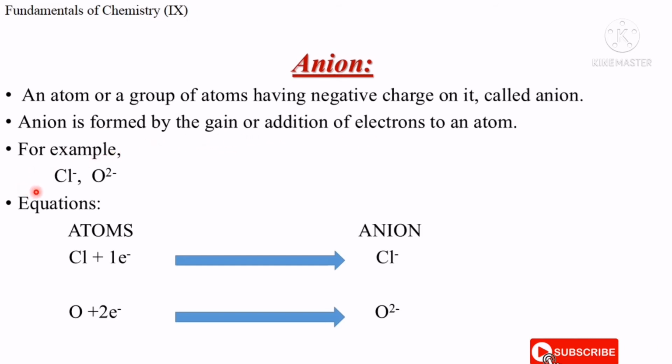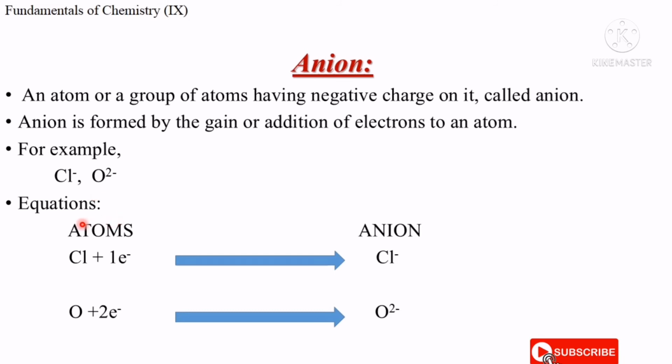For example, in the case of chlorine, when chlorine gets one electron and hence gains a negative charge, the chloride ion is formed. In the same way, when oxygen gains two electrons and has two negative charges on it, then oxide is formed.